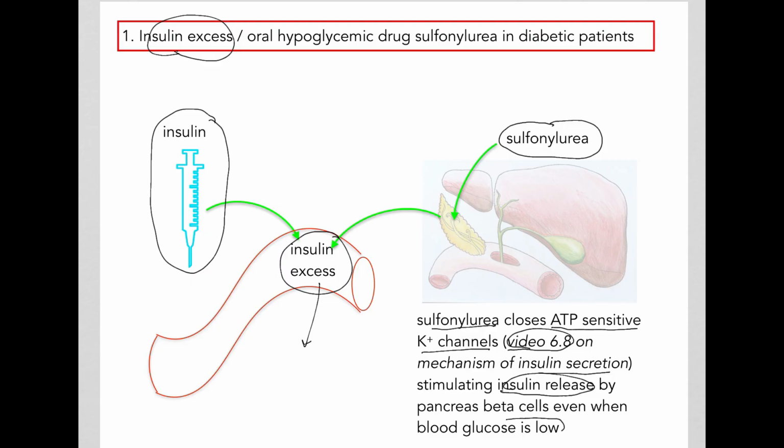So insulin keeps on coming out. Doesn't matter whether blood glucose is high or low, the sulfonylurea will cause these beta cells to continuously release insulin. So this excess insulin, and insulin decreases blood glucose, is going to lead to hypoglycemia.